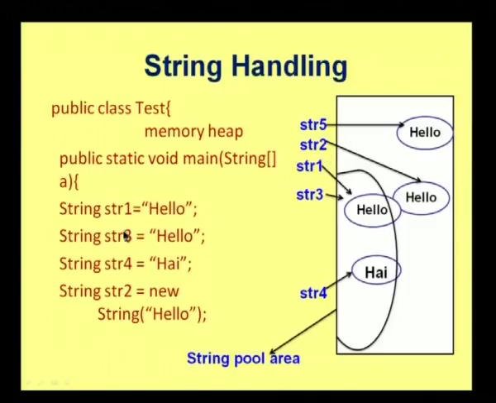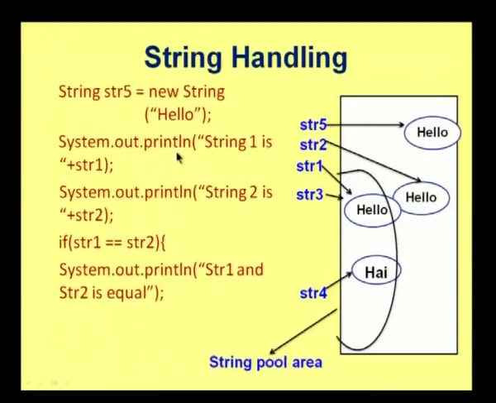Whereas both the values as well as the memory remain the same for str1 and str3, here a new memory is allocated, the value is stored and a new name str2 is given. Next we can see str5, where I am trying to create a new string variable with the same value. Again a memory will be allocated and this value is given the variable name str5.